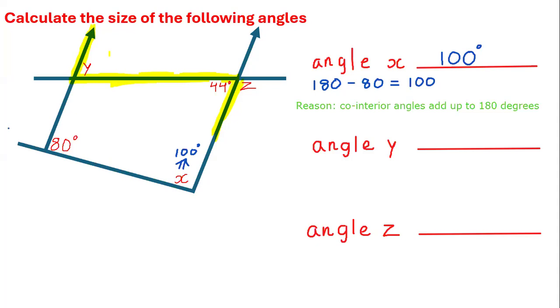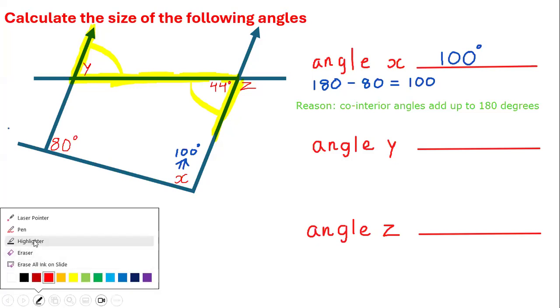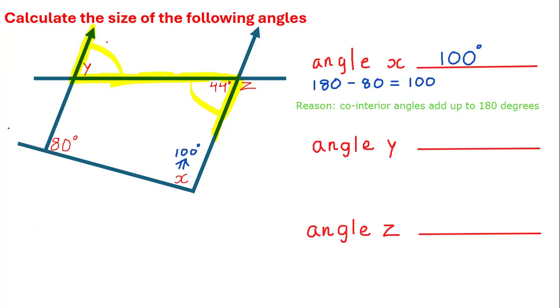So y'all see the Z, right? Now what do we know about this angle and this angle? They are equal. Very good. And why are they equal? What's the rule? Because they're on a Z shape.